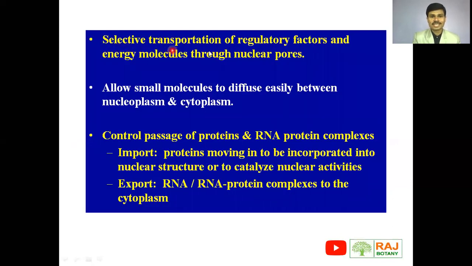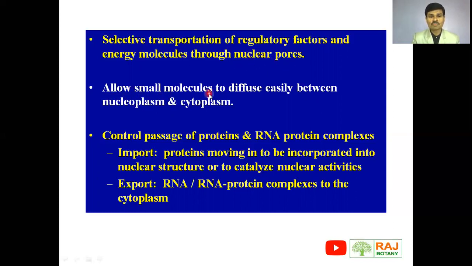It is the selective transportation of regulatory factors and energy molecules through the nuclear pores. Earlier we discussed that through the nuclear pore, the rRNA synthesized inside the nucleolus and the mRNA synthesized from transcription are both transported to the cell cytoplasm through these nuclear pores.